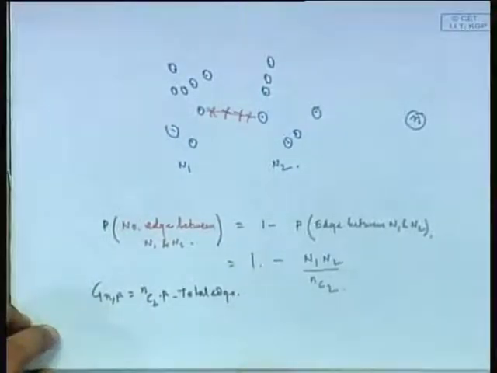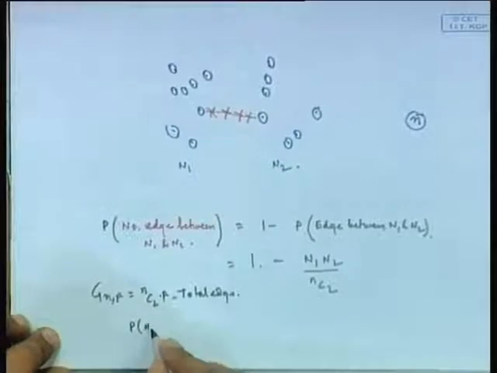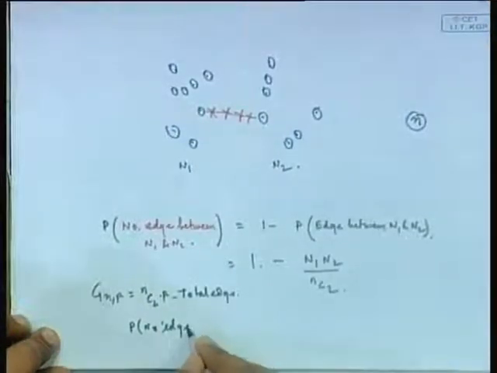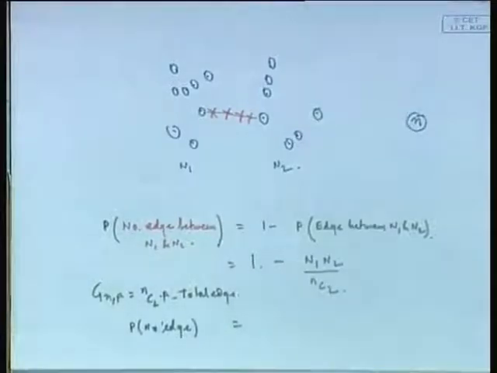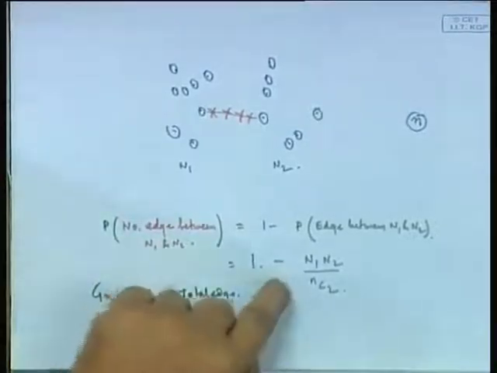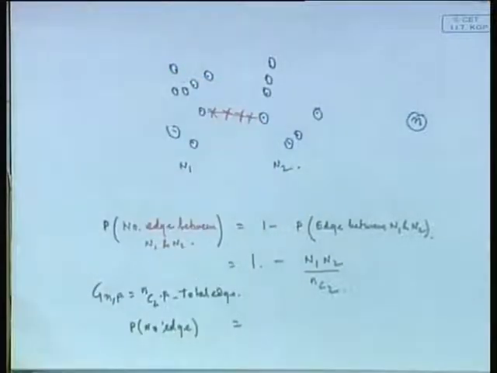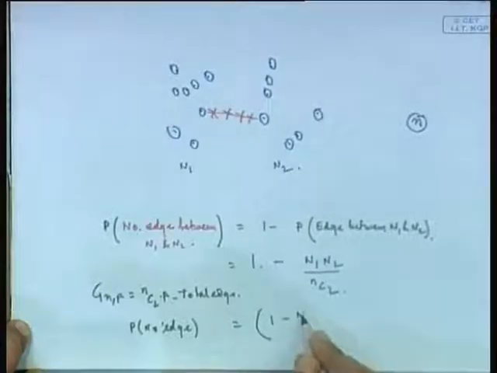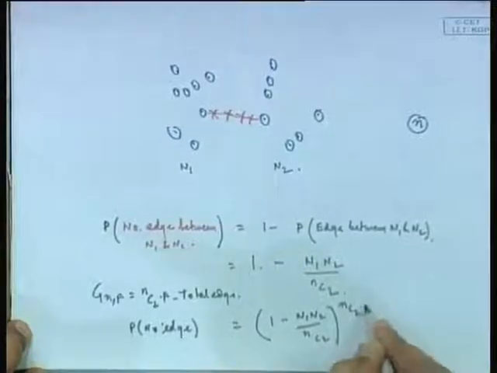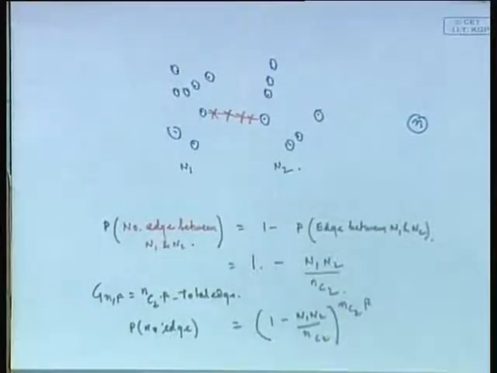So, what is the probability that there is no edge? It will be that all these N C 2 p edges do not fall within this boundary. Agreed? So, that makes it (1 minus n1 n2 by N C 2) to the power N C 2 p, because all are independent events and I want that none of them falls.